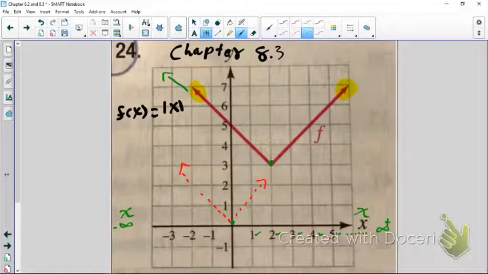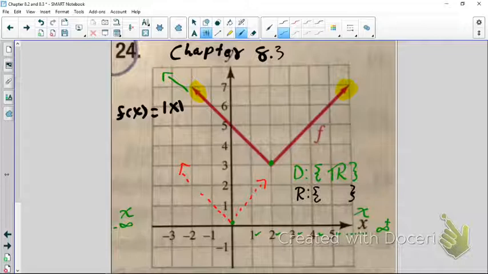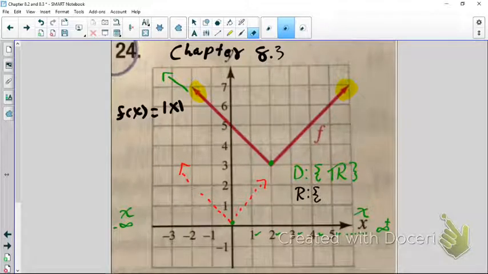So we can say that the domain of the given function that we have is going to be the set of all real numbers, right? Remember, you can spell out all real numbers if you wanted to, or you can just put that R. Now, when you look at the range, we said that it was going to be represented by the lowest point that we have all the way up to the highest.